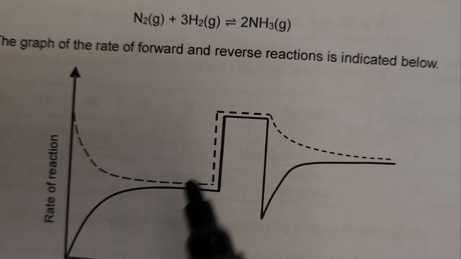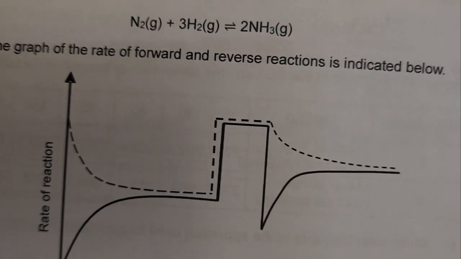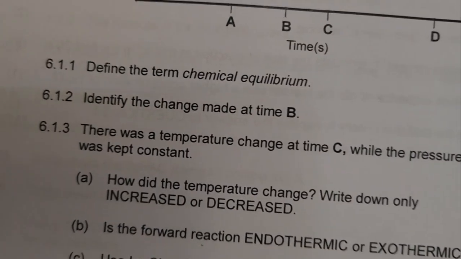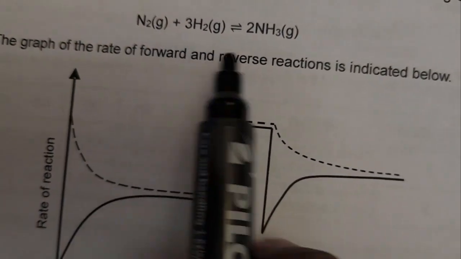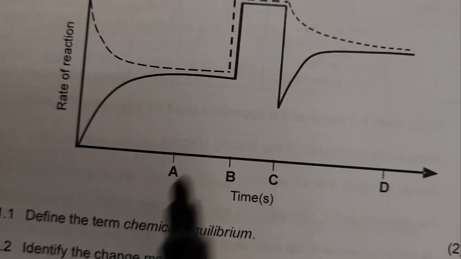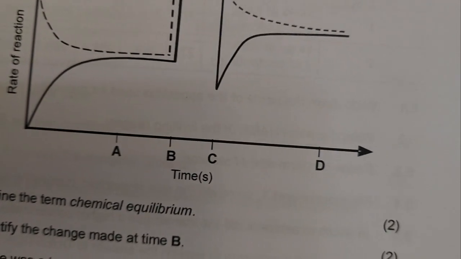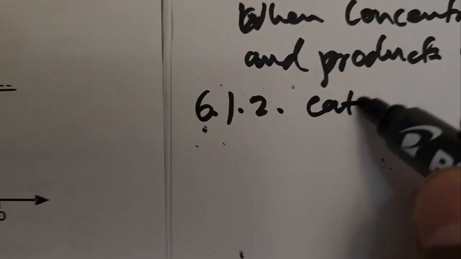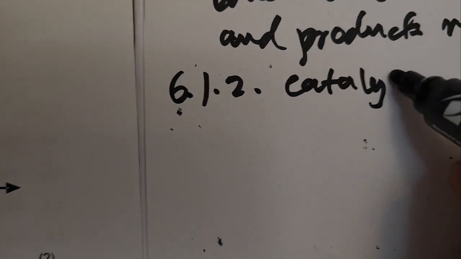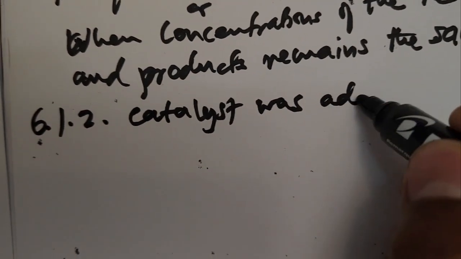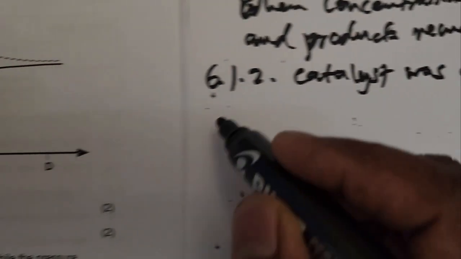But in all equilibrium, catalyst addition can do that. Then in this case, because moles on the left and the right are not equal, at B a catalyst was added. Addition of a catalyst to the reaction vessel.